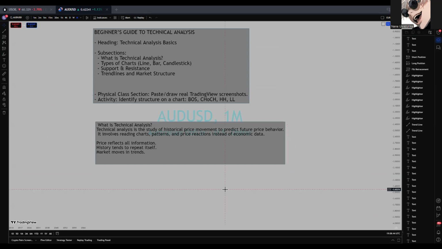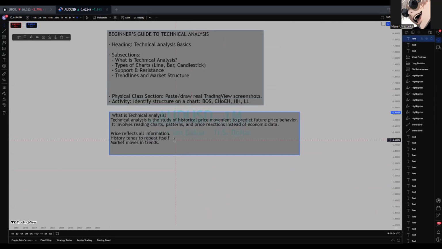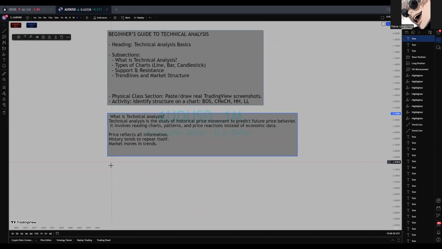So that is what technical analysis is. It's all about price action. What has price done in the past? What is price doing now? Price tells a story. In Forex trading, in the aspect of technical analysis, price tells a story.